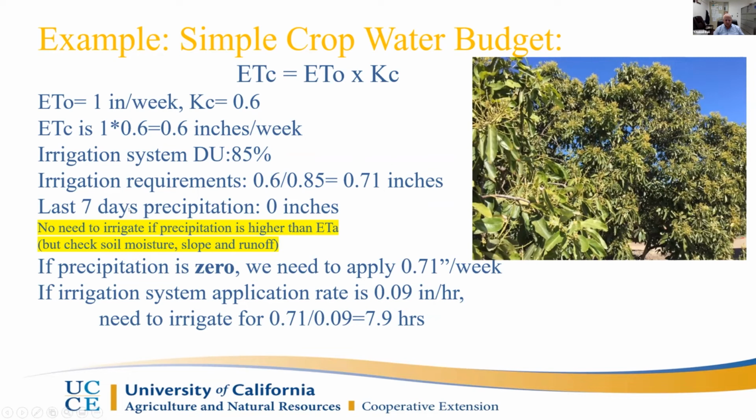I want to consider rainfall and whether I have effective rainfall or not. So if I have no effective rainfall over the last week, I need to apply that 0.7 inches to replace whatever moisture was lost over the last week. So again, I look at my application rate.